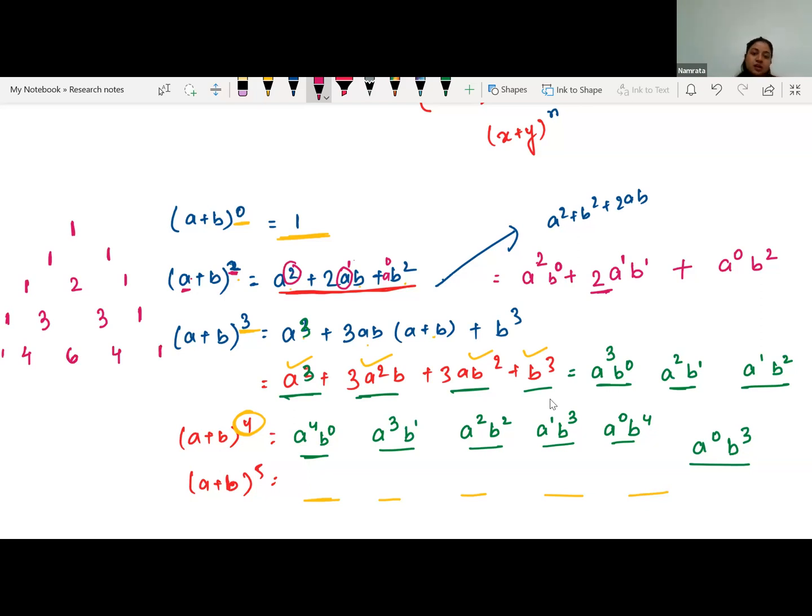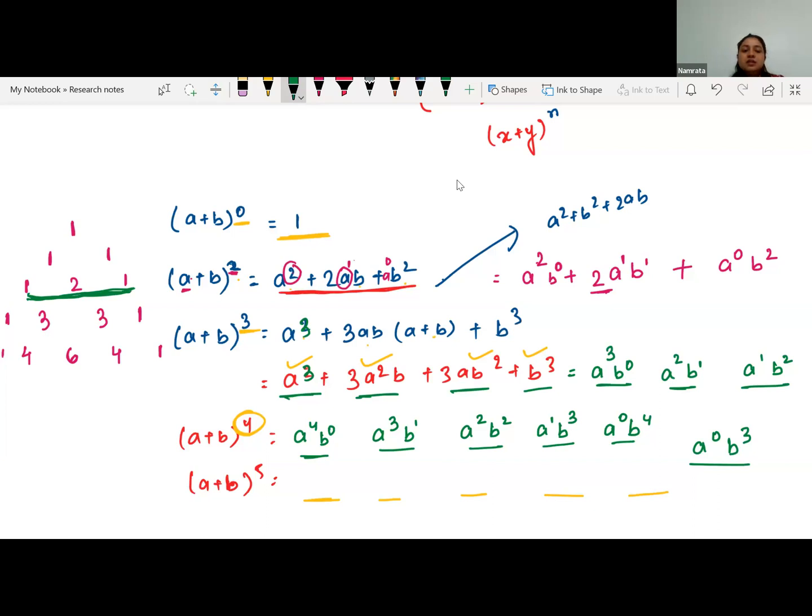So if you see the pattern, can you see (a plus b) whole square is having this step? This one, a square plus twice ab plus b square. The coefficient of a square is 1. The coefficient of twice ab is 2. And the coefficient of b square is 1. Can you see it? Yes, ma'am.